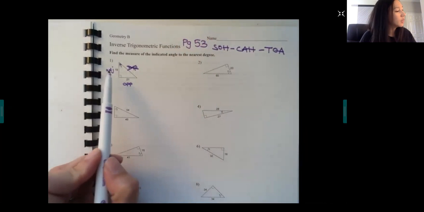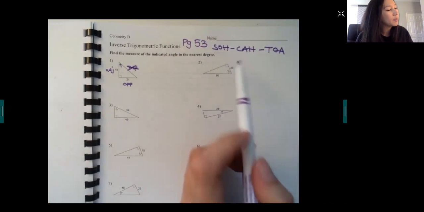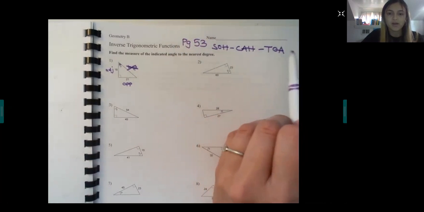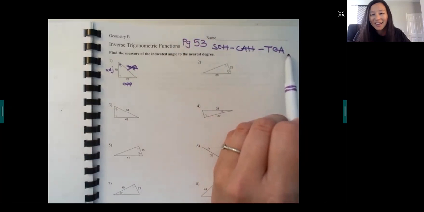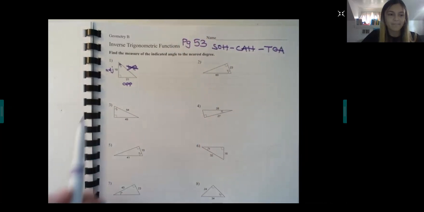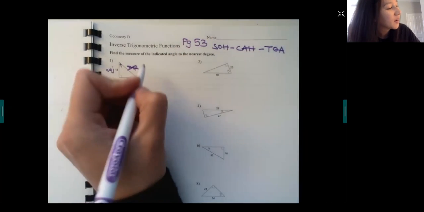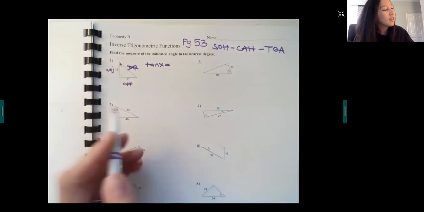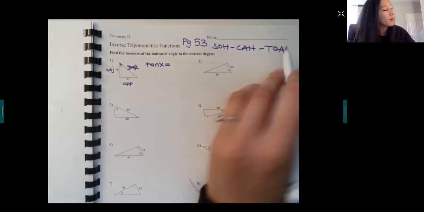So which function uses adjacent and opposite? We have opposite and hypotenuse, adjacent and hypotenuse, and opposite and adjacent. What was that, Jade? Tan, the TOA one. Right. Yep, it's the TOA. So we know then that the tangent of our angle x equals the opposite over the adjacent.